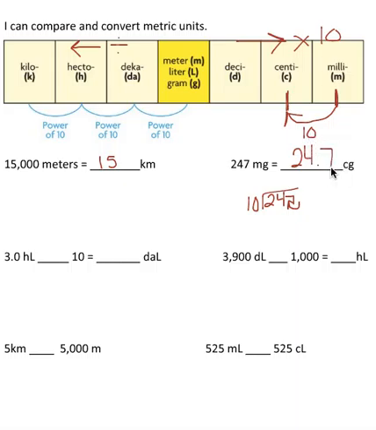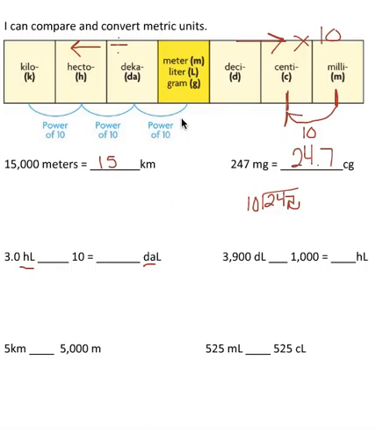Okay, so that is how you would use this chart. Another type of problem that you're going to see is moving from 3 hectoliters, and I want to know how many decaliters.